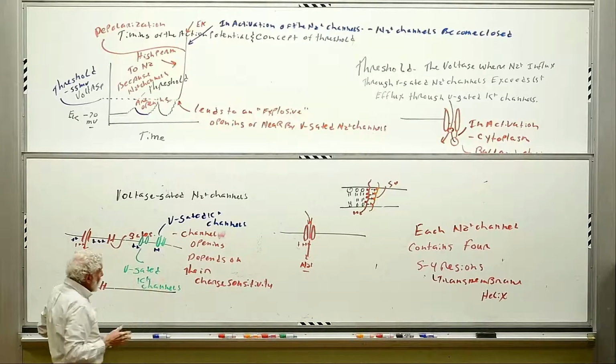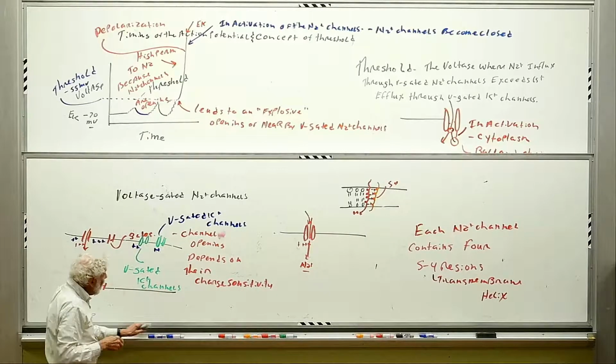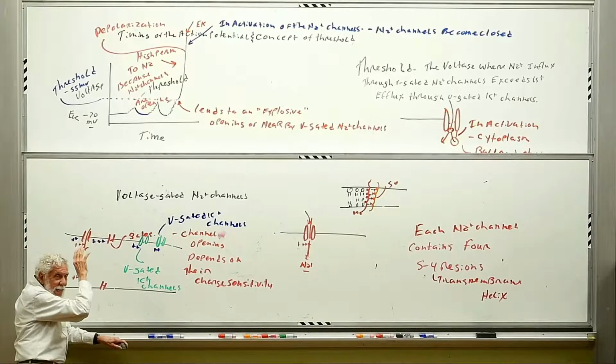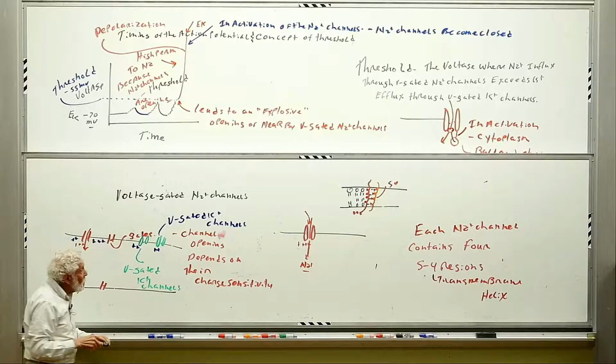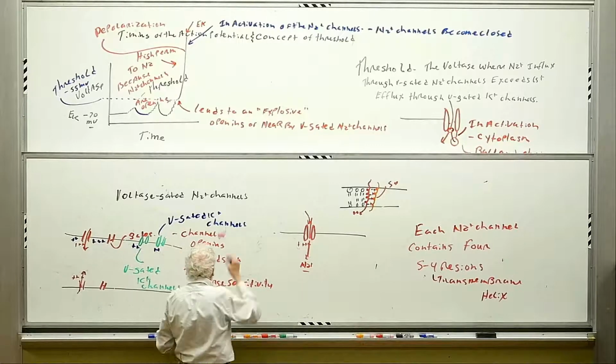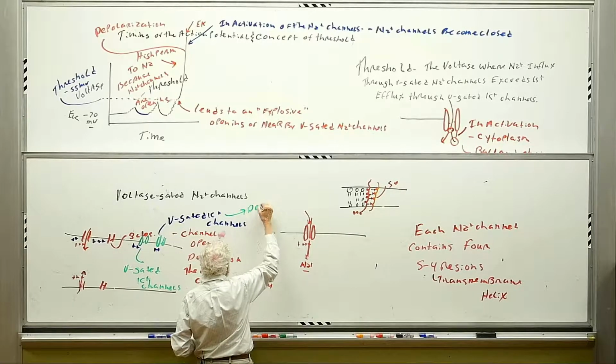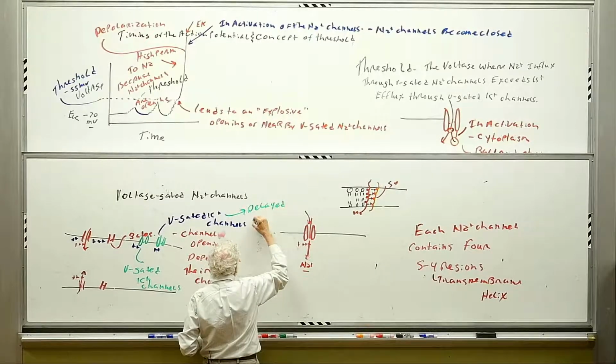These particular potassium channels, and if you take a neurobiology course, you'll find that there are like a dozen of these different potassium channels. This particular one has a name, and I really like this name. It's called the delayed rectifier.